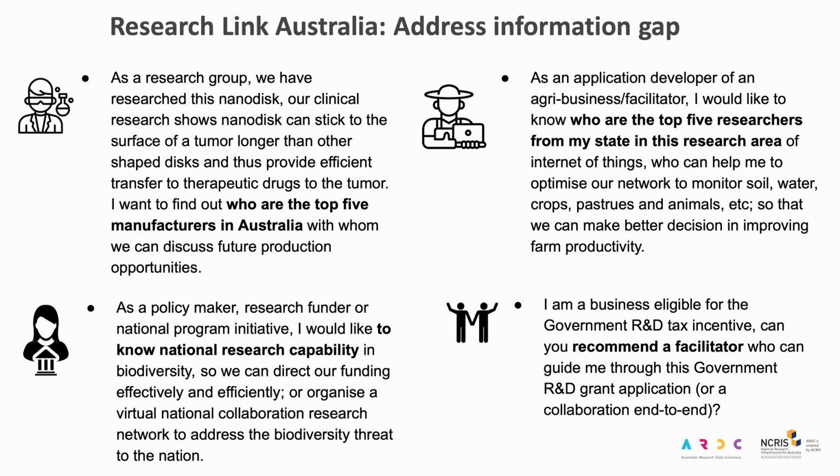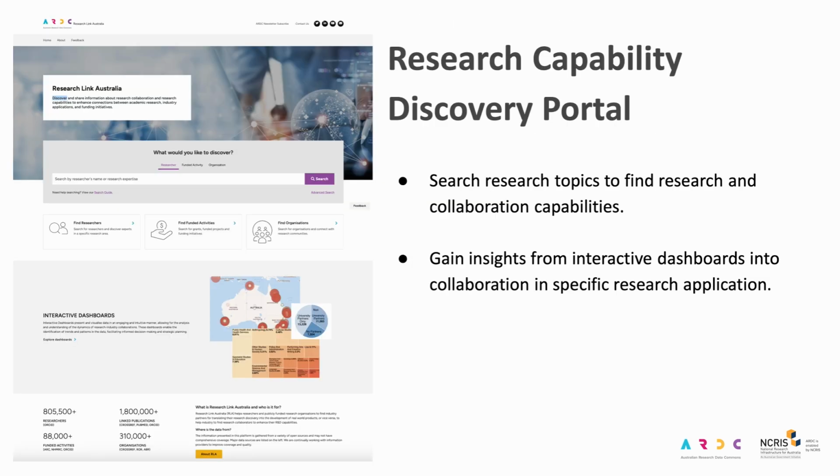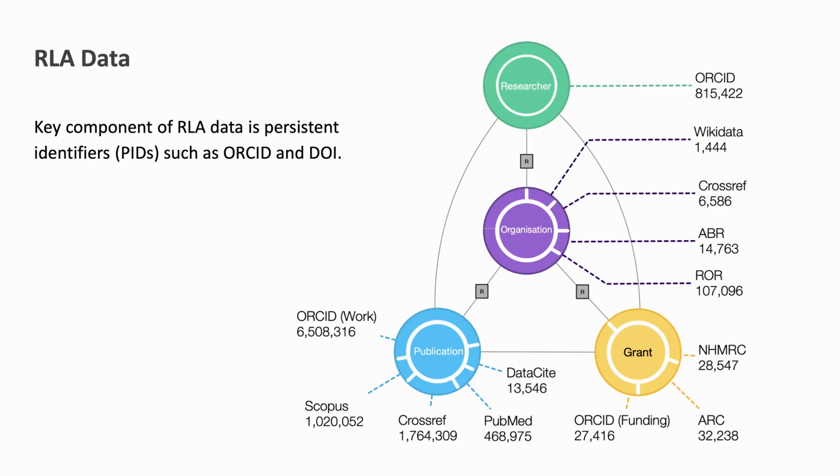So there are lots of stakeholders in this ecosystem, and that motivated the Australian government to have national level infrastructure for creating our own Australian research knowledge graph, or Australian research graph. Now, there is a portal in front of this system that provides access to the wealth of information, and the underlying data ecosystem is connections between the persistent identifiers.